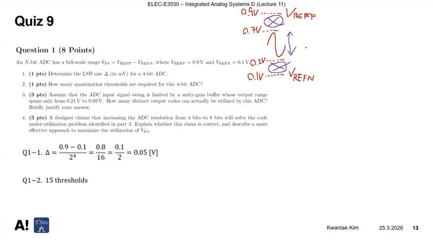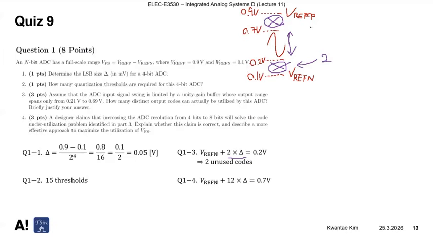So let's calculate it. Calculating the lower area was quite straightforward, right? We have reference N, 0.1 volt, plus 2 times LSB, which is 0.1 volt. Summing together, we get 0.2 volt. So there are 2 unused codes.